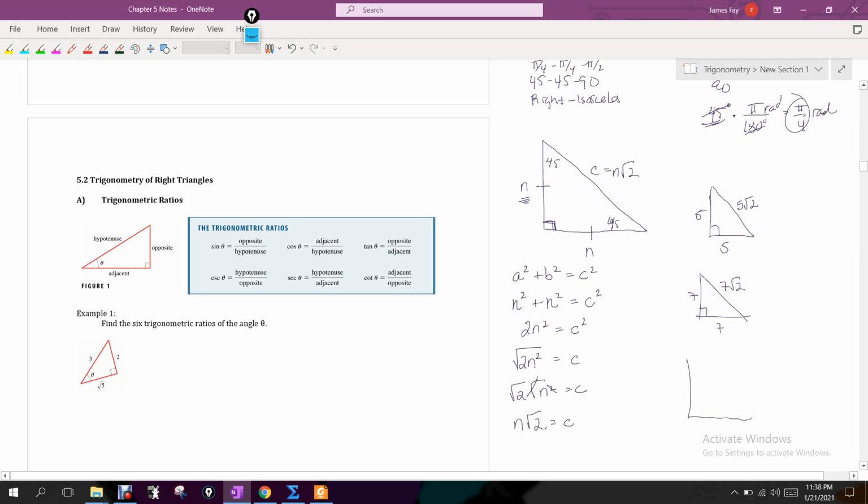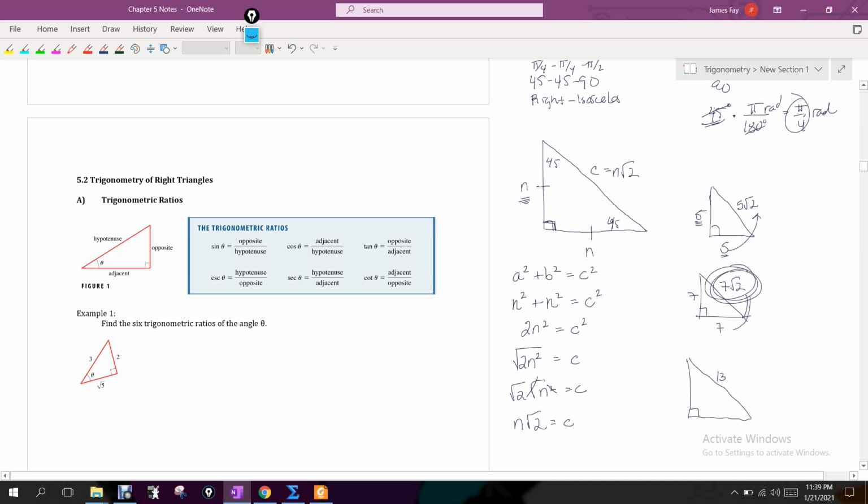It also allows us to do something like this. It's a little bit more involved. Let's say this is 13. Okay, well, if I go back up to this one, the way I went to get the hypotenuse is I multiplied a leg by radical 2. Here, if I start with the hypotenuse, to get a leg, you're going to undo the multiplication you did here.